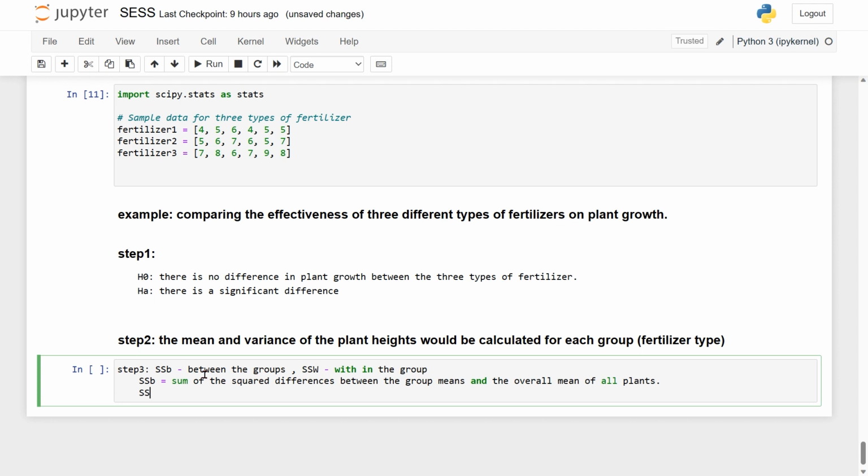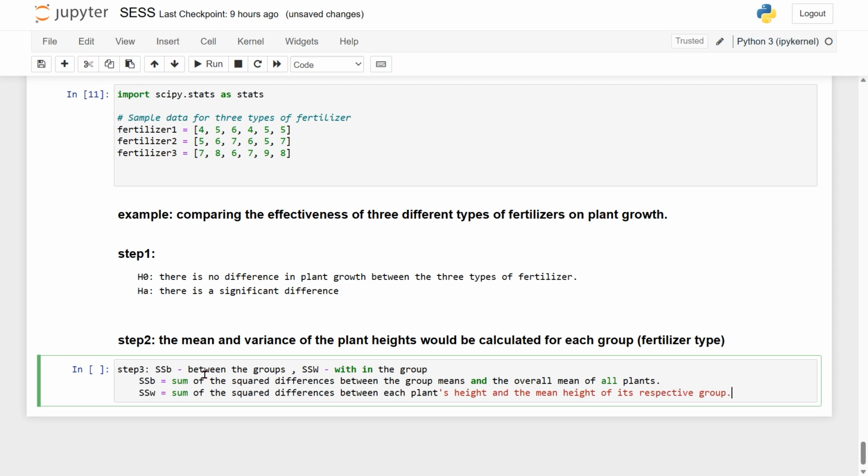And SSW, the within group variance, would be calculated as the sum of the squared differences between each plant's height and the mean height of its respective group.